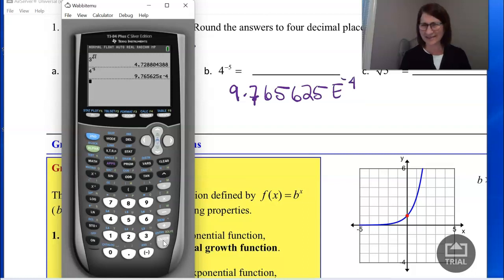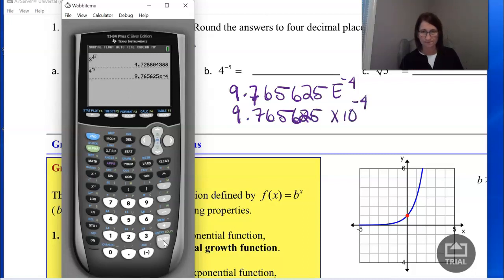What the heck does that mean? That is how my calculator writes this in scientific notation. It's saying this is the same as 9.765625 times 10 to the negative 4.